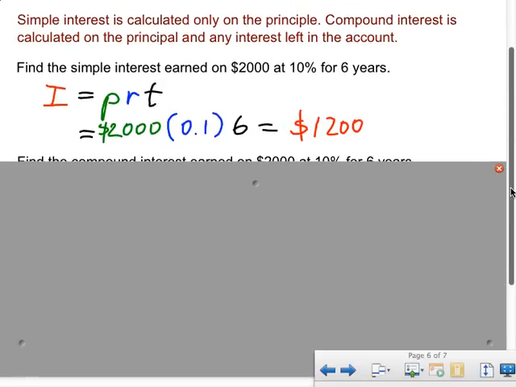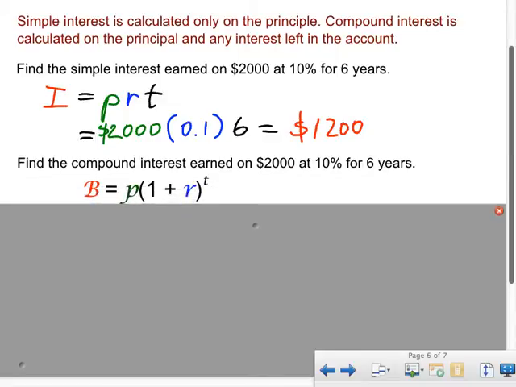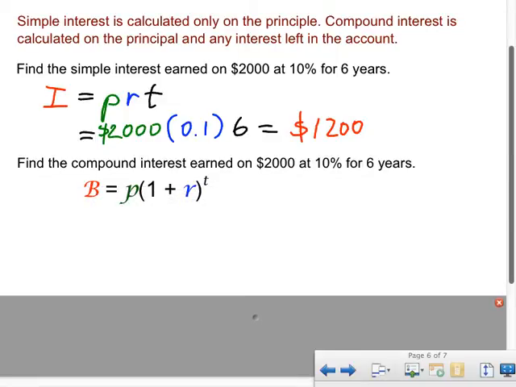Okay, now if you had an account that gave you compound interest, how do we figure that out? Let's go ahead, set it up, and for 6 years, I would have you guys go ahead and use a calculator for this problem. But what we're going to do is we're going to figure out how these two are different.